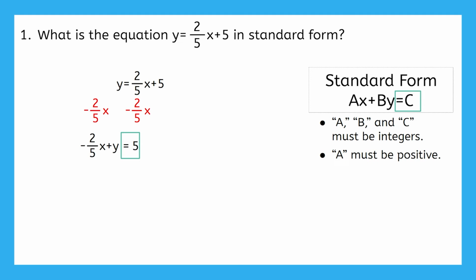Then I need to make sure that these two requirements are fulfilled. Do we have any of these requirements fulfilled already? We actually don't have either of them yet. What we have in a's location is not an integer, and it's not positive either. So how can we take negative 2 over 5 and make it an integer and positive?